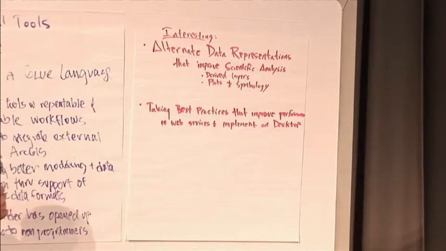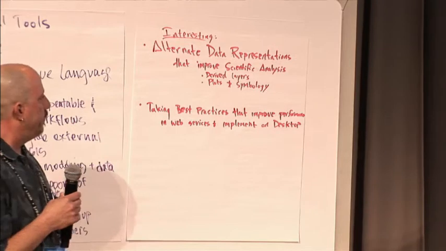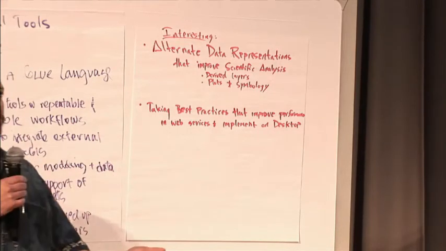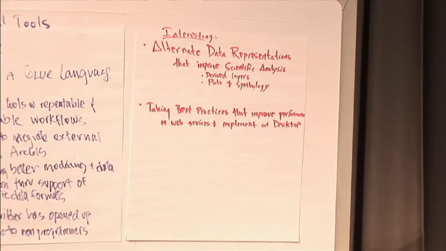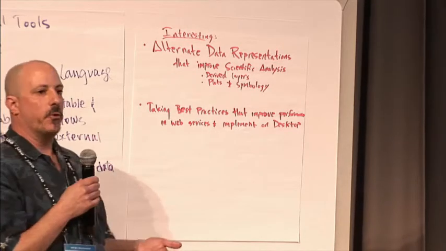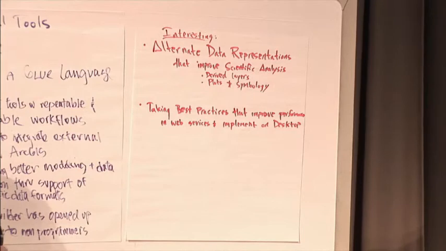And finally, somebody in our group brought up the fact that some of the geoprocessing applications that you can access through online services seem to perform much better and quicker than the same process on the desktop.